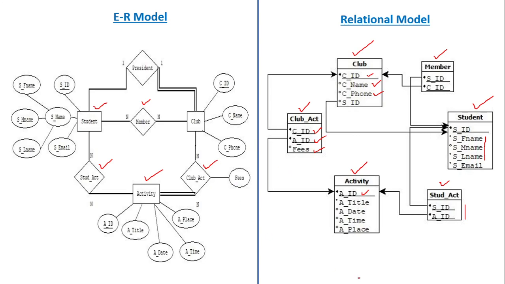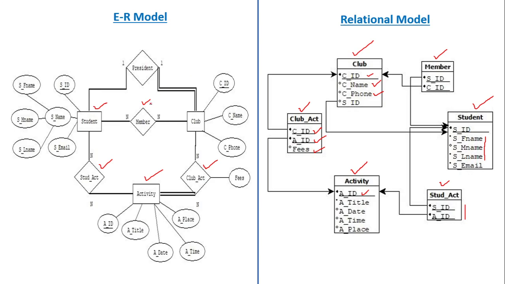Now what has remained? The remaining is the relationship president. This president relationship is a one-to-one relationship set, and the club entity set is participating totally in it. So we should now apply the rule.